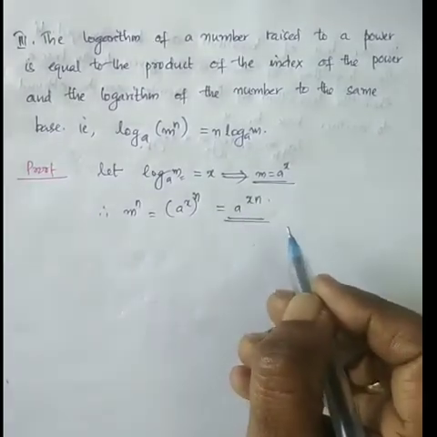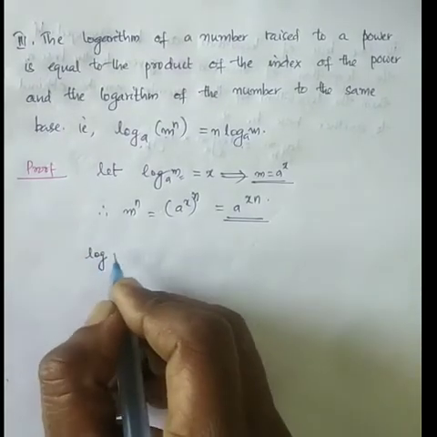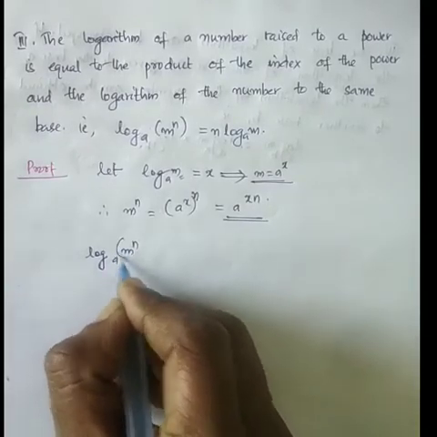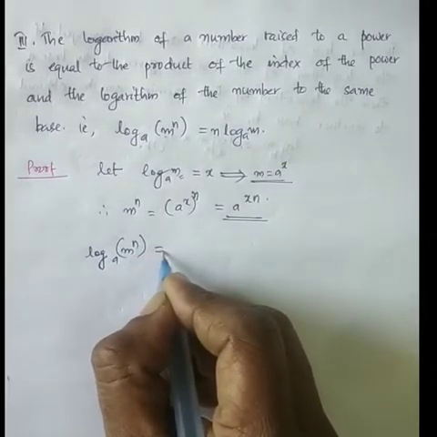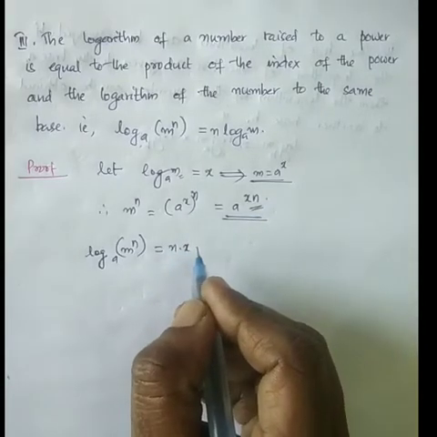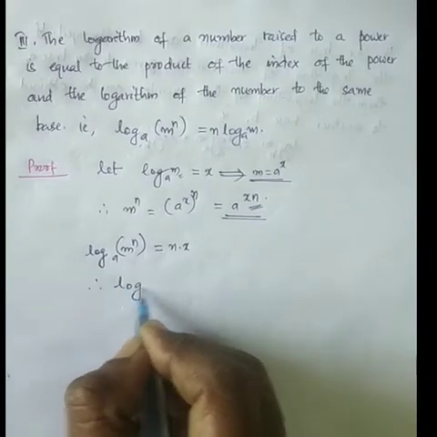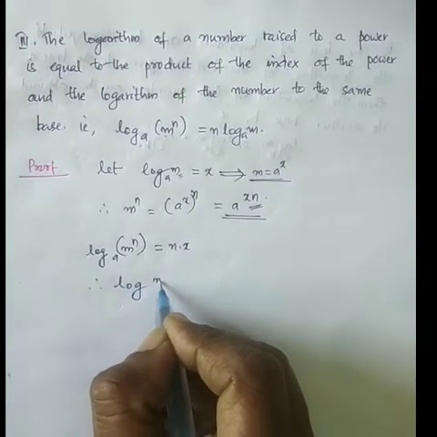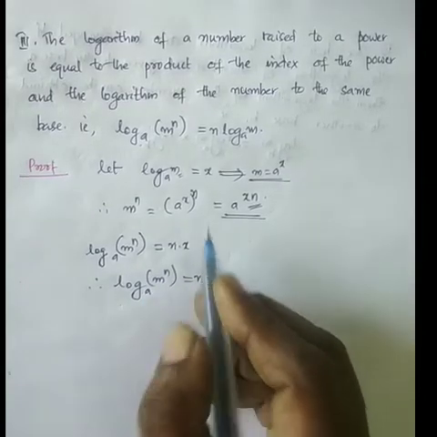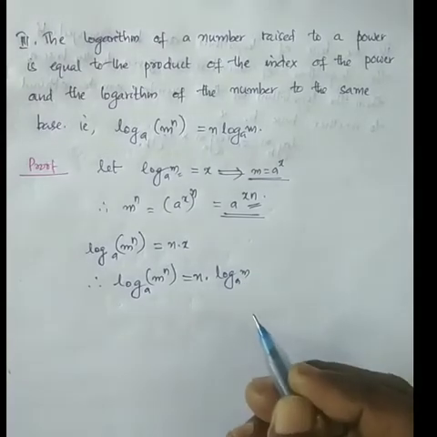Therefore, from the definition, we can write log m raised to n to the base a equal to what? n into x, or xn. Therefore, log m raised to n to the base a equal to n into x, where x is log m to the base a.